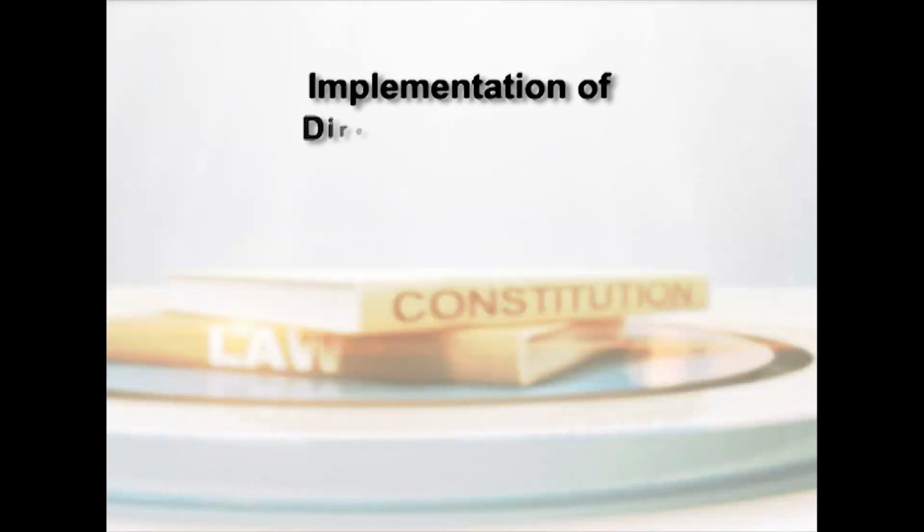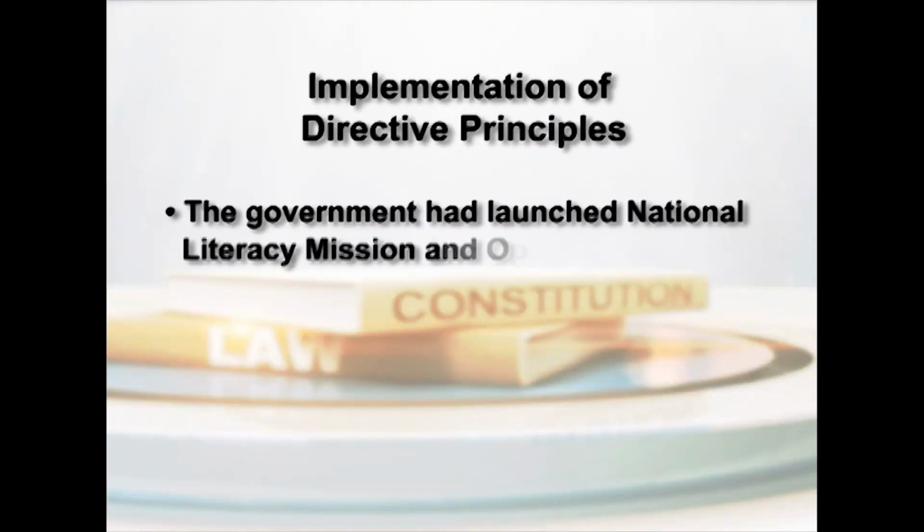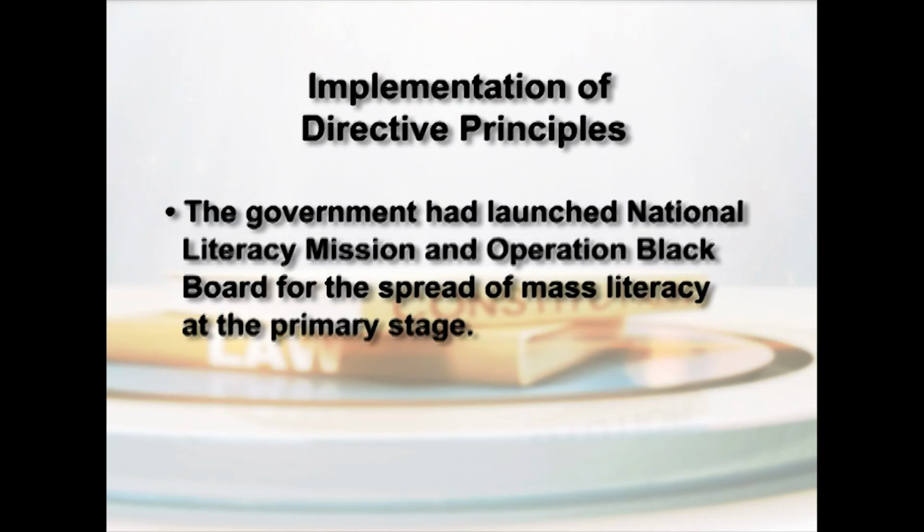Efforts were taken by the government towards literacy of the people of India. Spread of elementary education and its universalization and reducing the rate of dropouts at the primary stage were the prime concern of the governments. According to the National Policy on Education 1986, the government had launched the National Literacy Mission and Operation Blackboard for the spread of mass literacy at the primary stage.